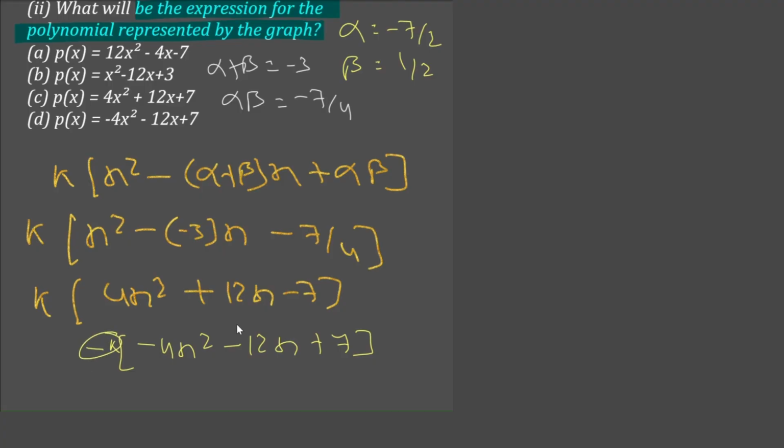As I said, k can take any constant value, and now when you compare, yes, it is the same as option D, that is negative 4x square, negative 12x plus 7. So D is the correct option in this case.